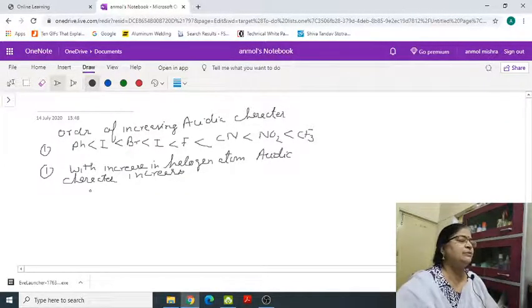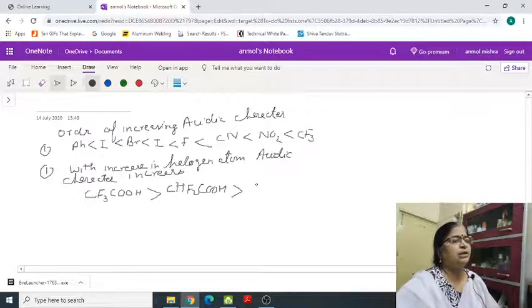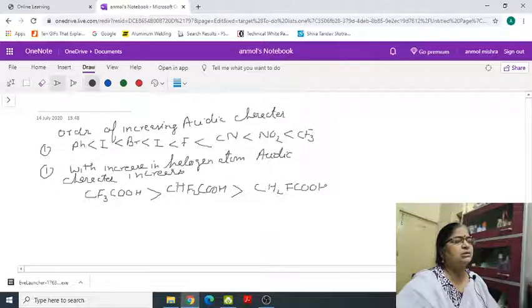For example, CF3COOH will be greater than CHF2COOH, which will be greater than CH2FCOOH, and will be greater than CH3COOH.